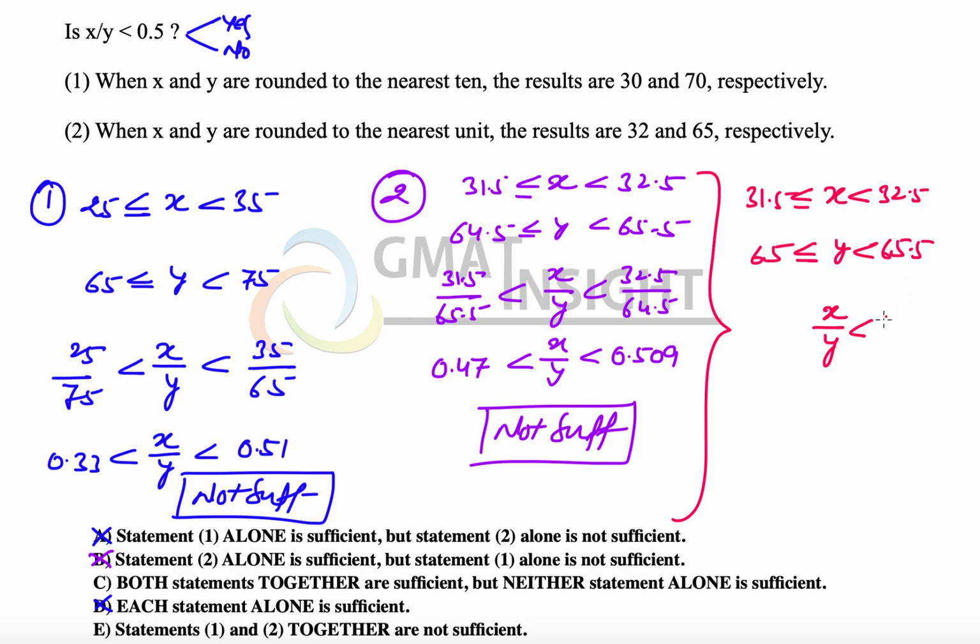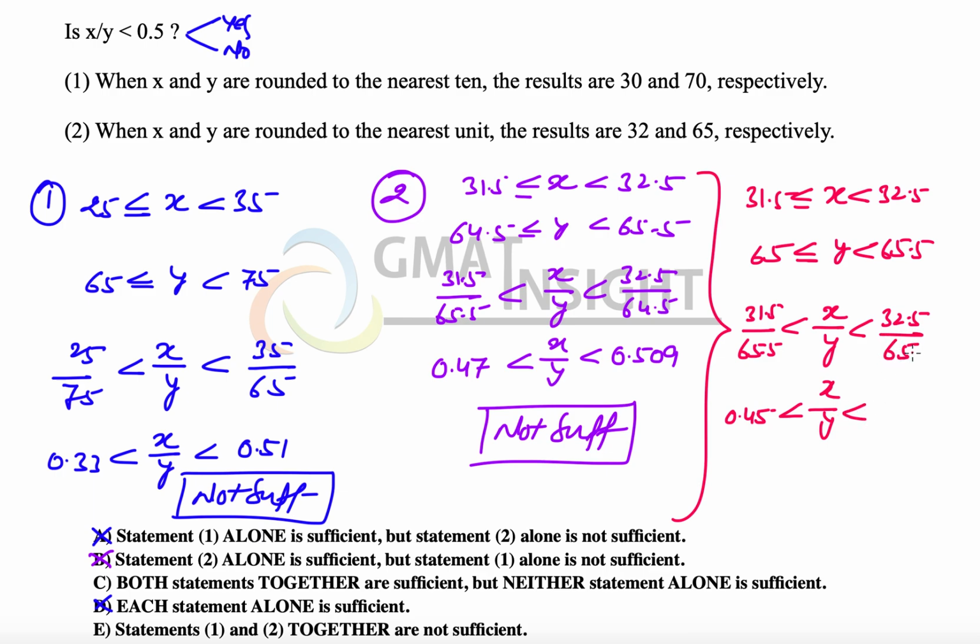Which means, for the range of x upon y that we now have to get, the maximum value will be when x is maximum, 32.5, and y is minimum, which is 65, and the minimum value is when x is minimum, which is 31.5, and y is maximum, which is 65.5. So while the minimum value of x upon y is definitely less than 0.5, in fact it should be approximately 0.45, let's look at the maximum possible value of x upon y.